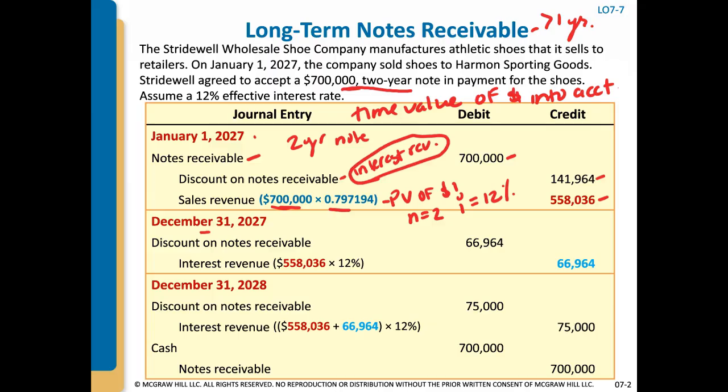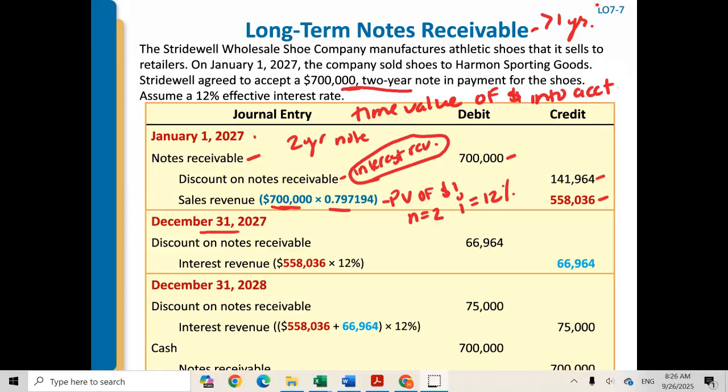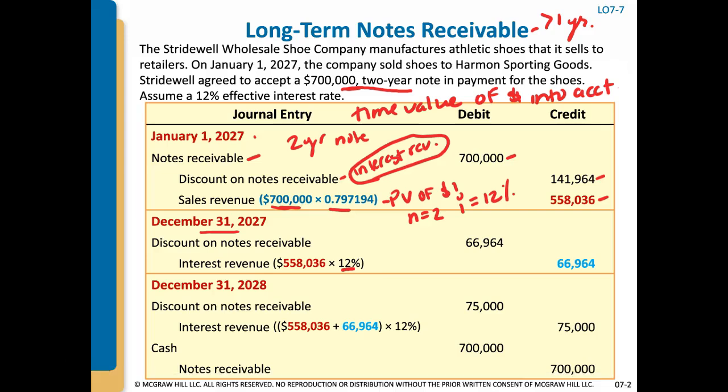So a year later, on December 31, we have to record interest revenue. And we're told the interest rate is 12%. So what we do is look at the net carrying value of the note receivable, which we'll go through, and multiply by 12%. And that's going to be your interest revenue, and then you're going to debit your discount on notes receivable.